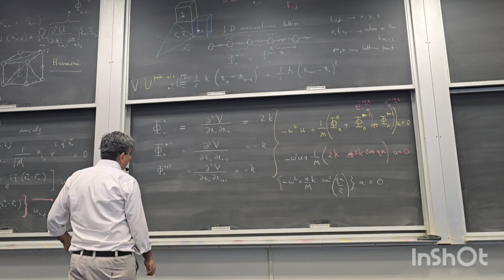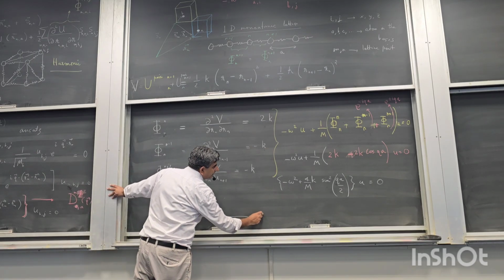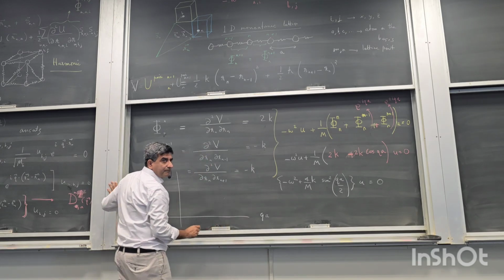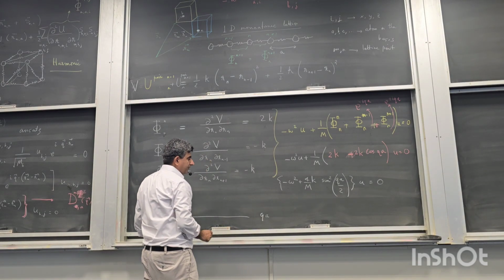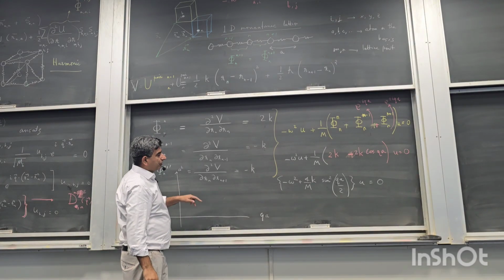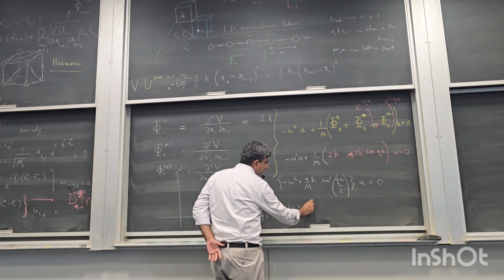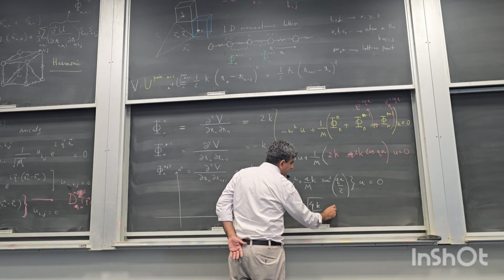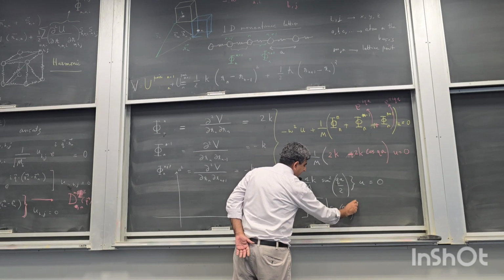If I were to make a plot between Qa and omega square, I can take the square root of this. So omega is square root of 4k over m times sine of Qa over 2. Right, so this is omega.